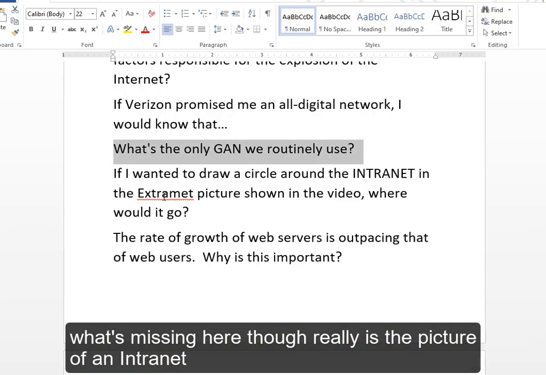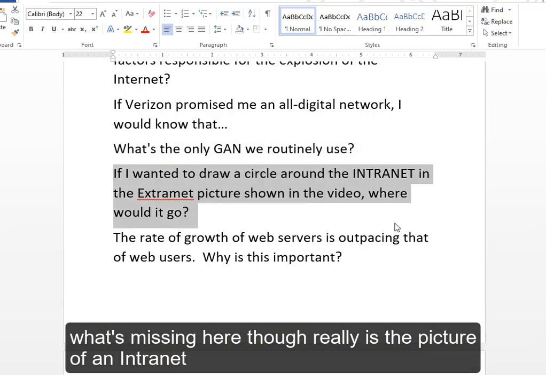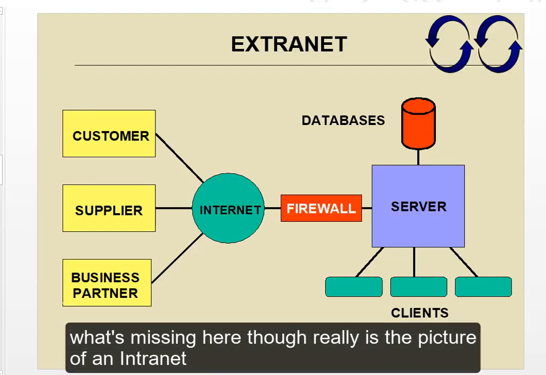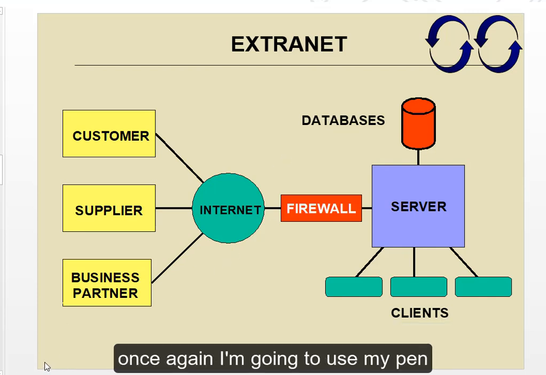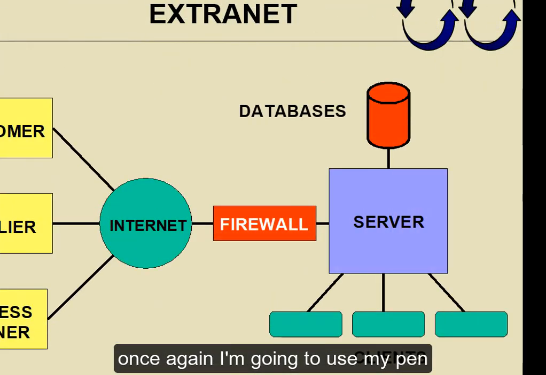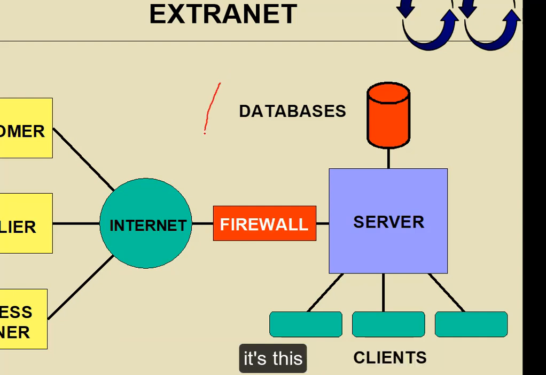What's missing here, though, really is the picture of an intranet. So if we took this picture and said, well, which part of this is the intranet? And once again, I'm going to use my pen. It's this.